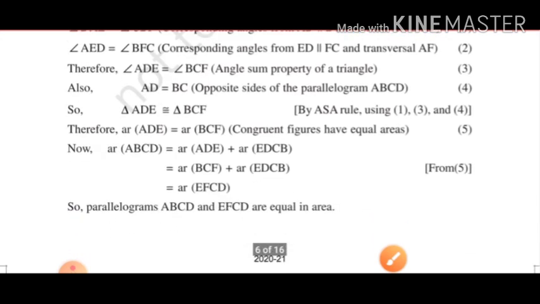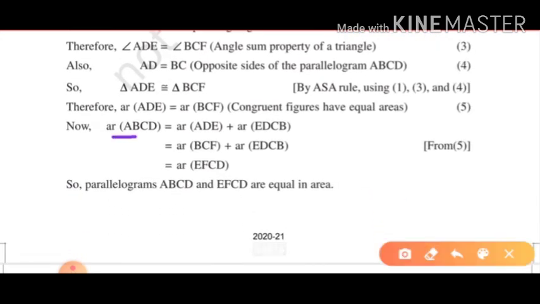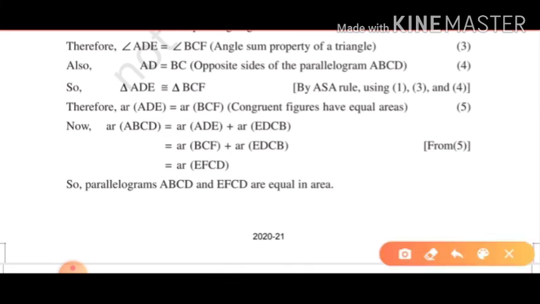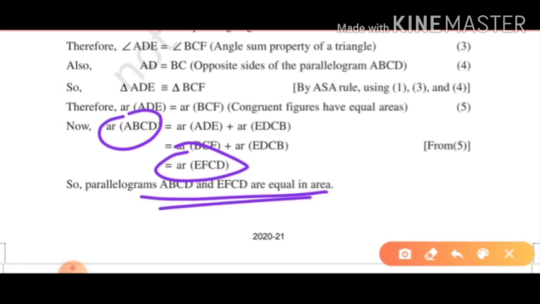If you look at here, area of ABCD equals area of ADE plus area of EDCB. Instead of ADE, we can write BCF. So BCF and EDCB will give us the area of the parallelogram EFCD. So the area of this parallelogram and this parallelogram are equal.